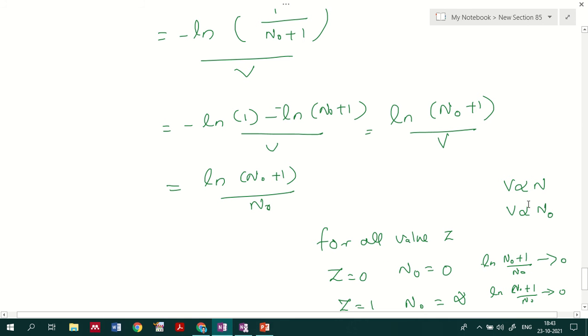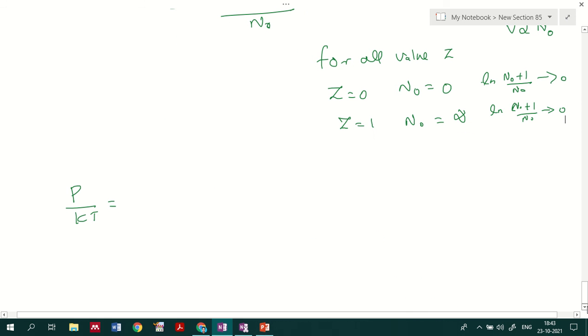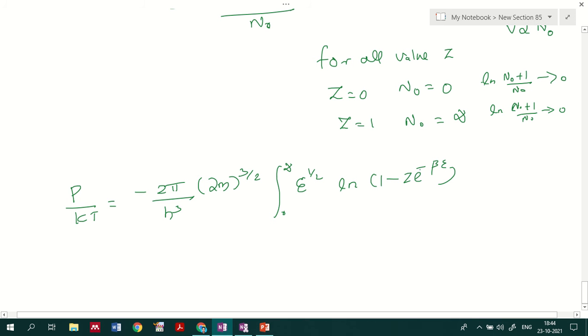Now let me represent the above one. The p by kt becomes minus 2 pi by h cube, 2m raised to 3 by 2, integral 0 to infinity epsilon raised to 1 by 2, ln 1 minus z e raised to minus beta epsilon, d epsilon.